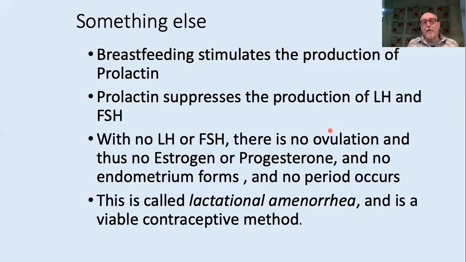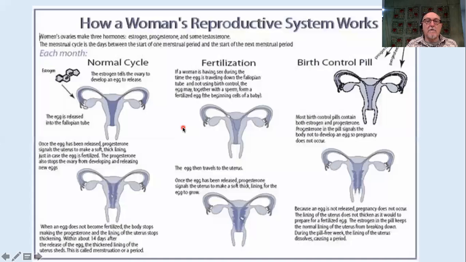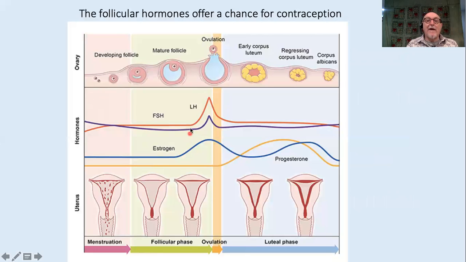But prolactin actually suppresses the production of luteinizing hormone and follicular stimulating hormone. If you have no follicular stimulating hormone or luteinizing hormone, then this doesn't take place.